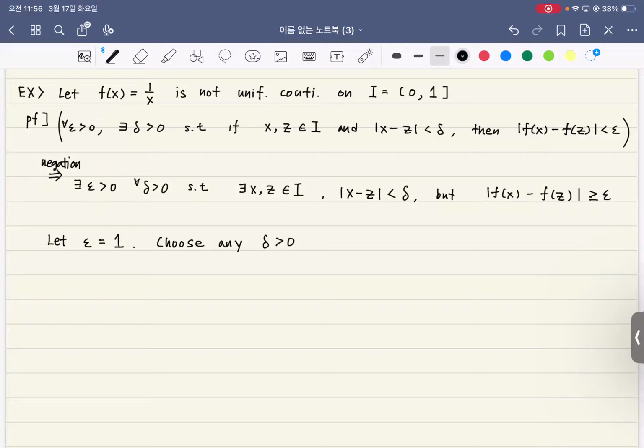Now suddenly, for some mysterious reason, I will try to find a positive integer n such that n squared plus 3 times n plus 2 is greater than 1 over delta.